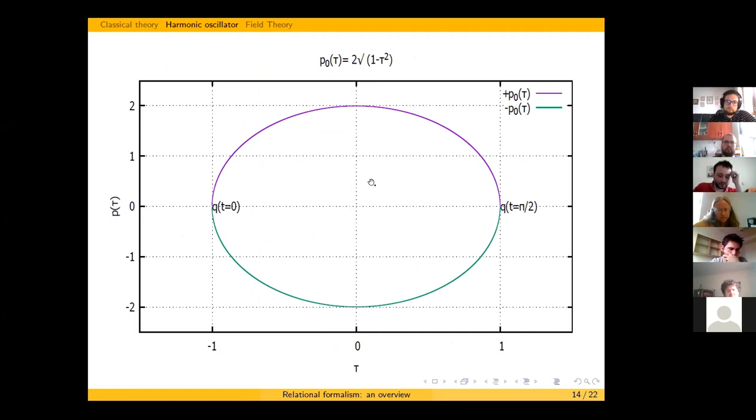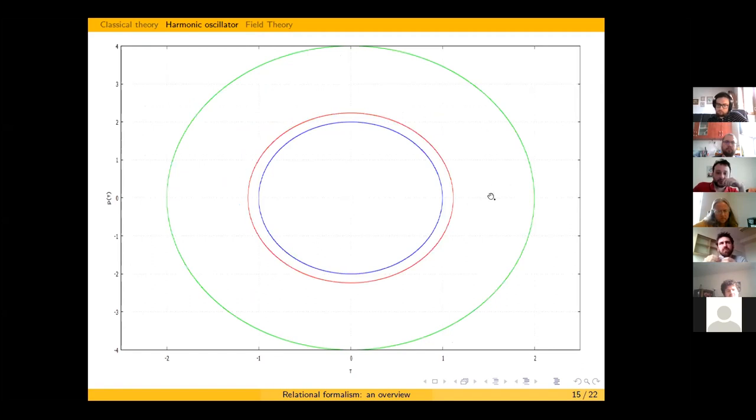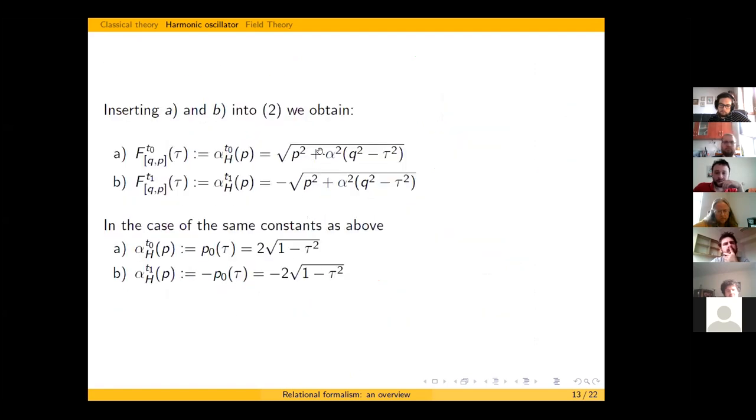But the powerful meaning, the core of this relational formalism, is not just to have something from a theoretical point of view, but also with observations. That's why I made this picture here, because once we get this p of tau, I just remind you that generally it is this. Suppose, for simplicity, that the mass and k, the spring constant, are given, but we don't know where it starts, from the initial positions.